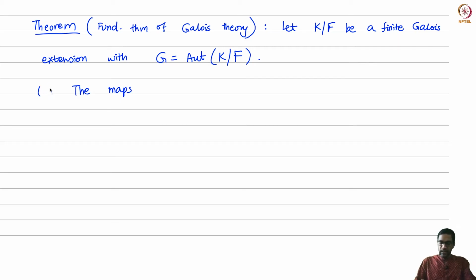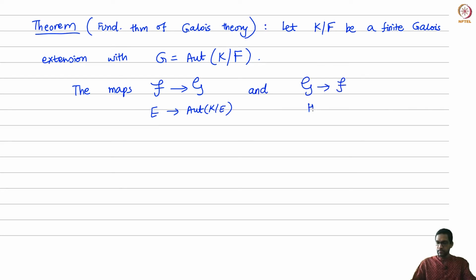In some sense that's really the only main content: the maps from F to G, E going to Aut_K(E), and G to F, these two maps are inverses of each other.